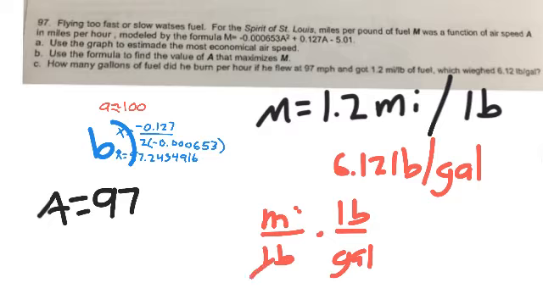That's going to tell me how many miles per gallon the Spirit of St. Louis got. So I want to multiply 1.2 times 6.12, which is 7.344 miles per gallon.